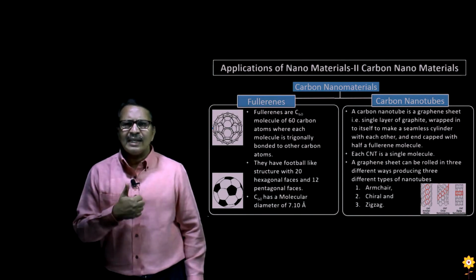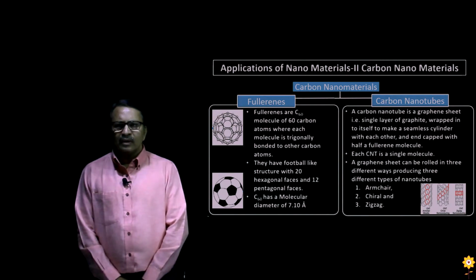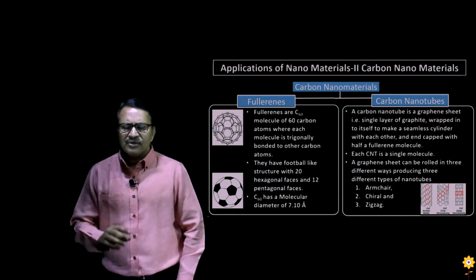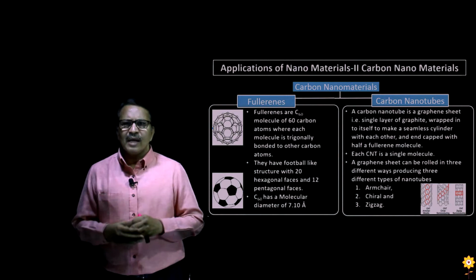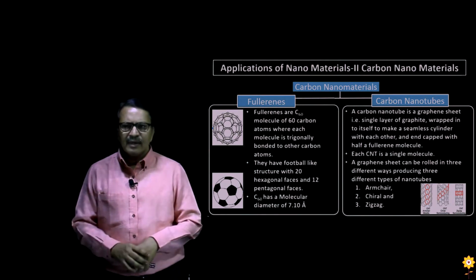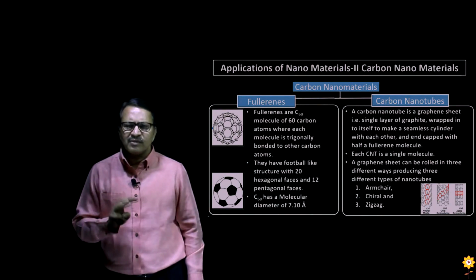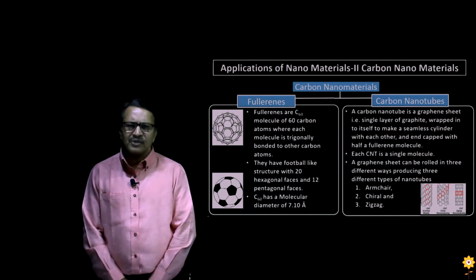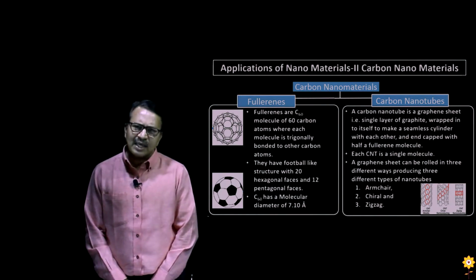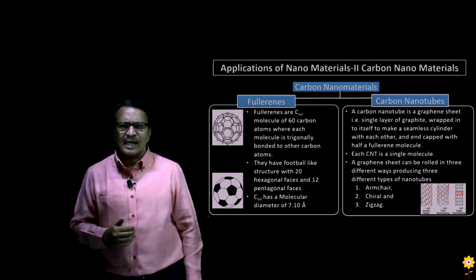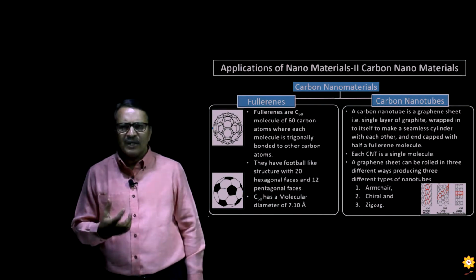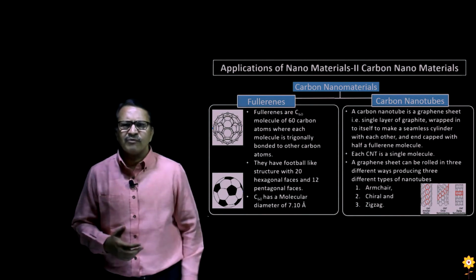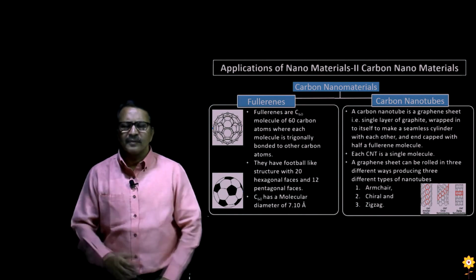So this is one entire molecule. The carbons inside this can be arranged in various ways, and the three different types of arrangement are the armchair type, the chiral type and the zigzag type. Based on these arrangements, you will have different types of carbon nanotubes.